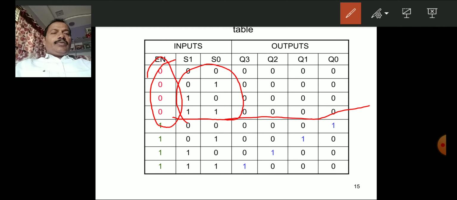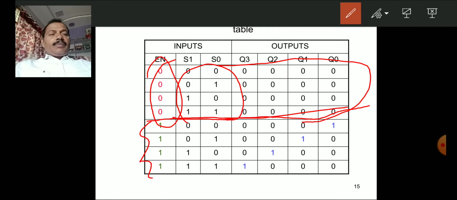Whenever enable input is 1, then only, according to 0 0, Q0 is activated, 0 1 means Q1 is activated, like that. The actual working starts from here.